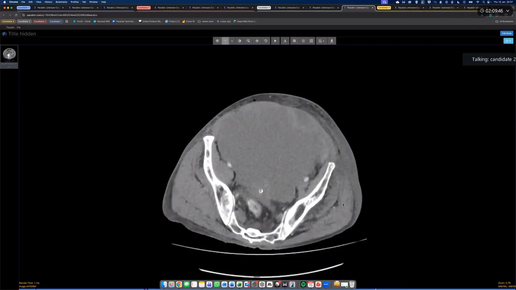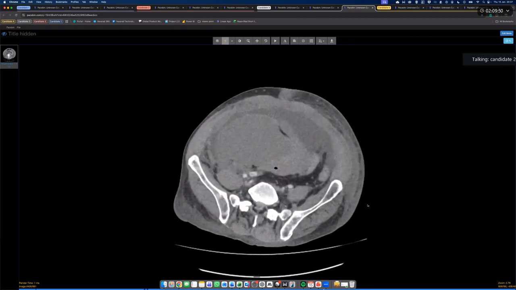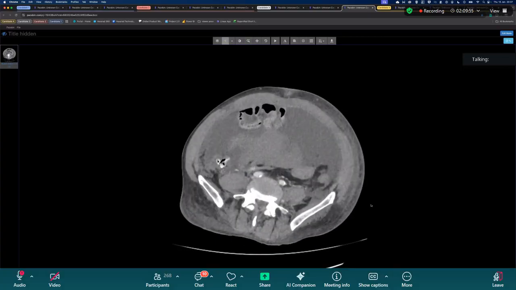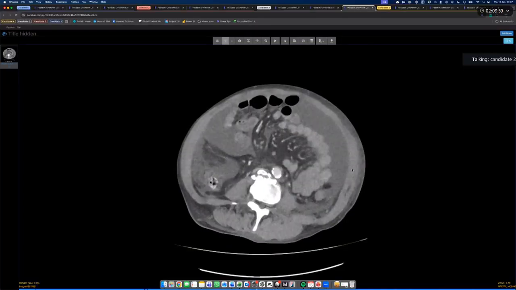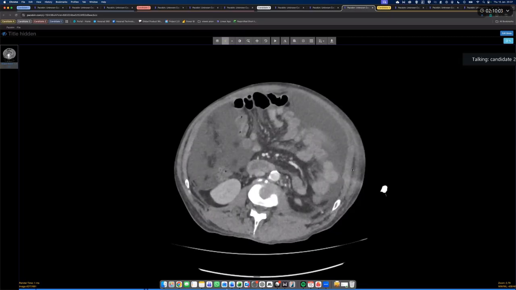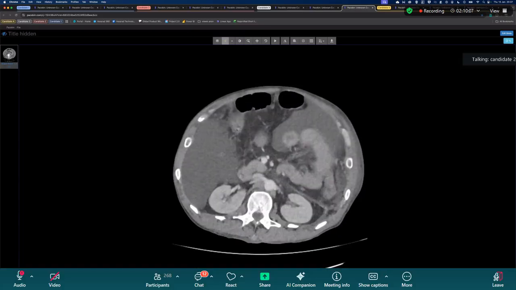In my scroll, I could appreciate changes in the left hip joint. I'll come to that later as well. There is a gross amount of subcutaneous edema. Since the patient is a known case of cirrhosis, I would like to initially check if there is any liver lesion or HCC that is probably the cause of the pathology.